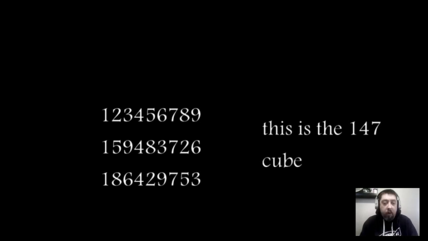And the 147 cube, as you see here, has the 1s, 4s, and 7s. Then the positive cube has the 2s, 5s, and 8s all lined up. And then the neutral cube is all 3s, 6s, and 9s. And they all come together and make what is known as the tesseract.